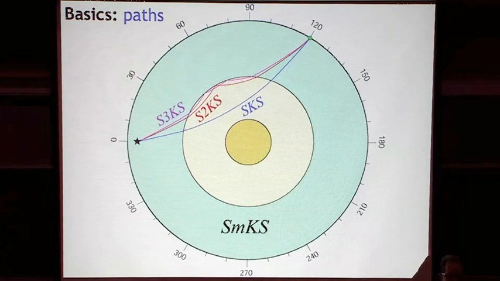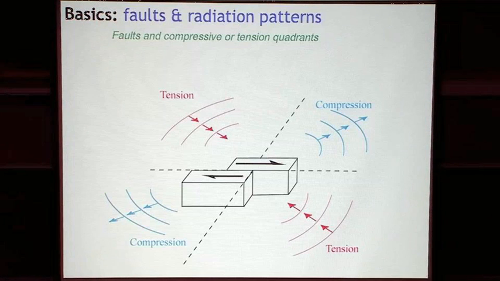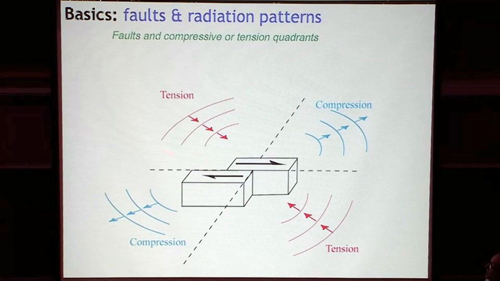Okay, I'm just going to really briefly talk about radiation pattern and this idea of quadrants of different types of motion and stress. Here's my platonic fault block, equivalently a double couple set of forces that will result in dilatation or tension quadrants and compression.